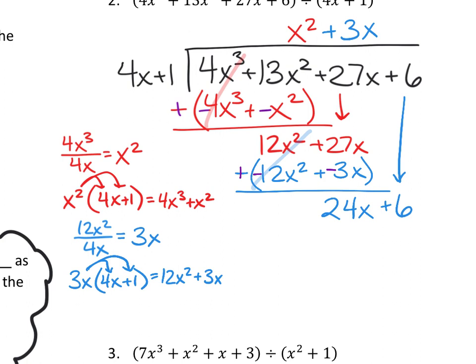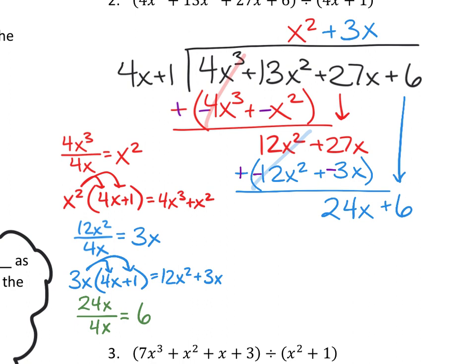Okay, what do I divide this time? 24 by? Very good. So I have the first term in the new blue part divided by the first term in the original divisor. 24 divided by 4 is 6.